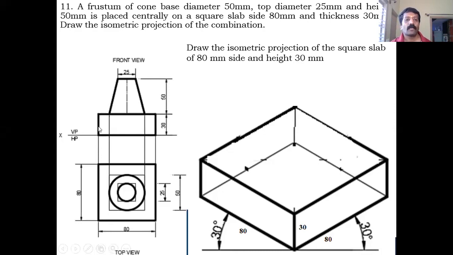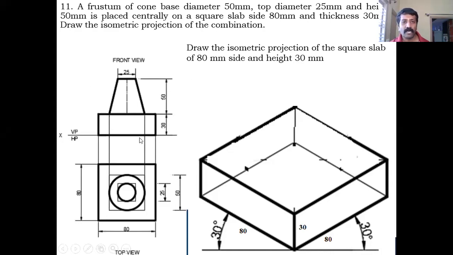So after this, from the outer circle you draw vertical projectors. Next, from the inner circle also you draw a vertical projector. What is the height of the frustum of a cone? 50 millimeter. From here you take 50 millimeter and draw a horizontal line.